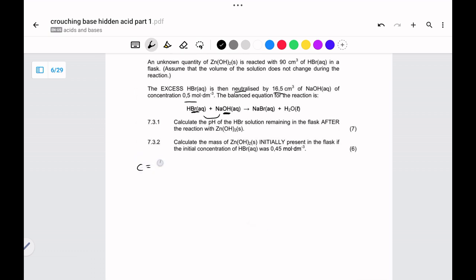We're calculating the moles of sodium hydroxide. The concentration was 0.5 moles. We don't know. The volume is this number.